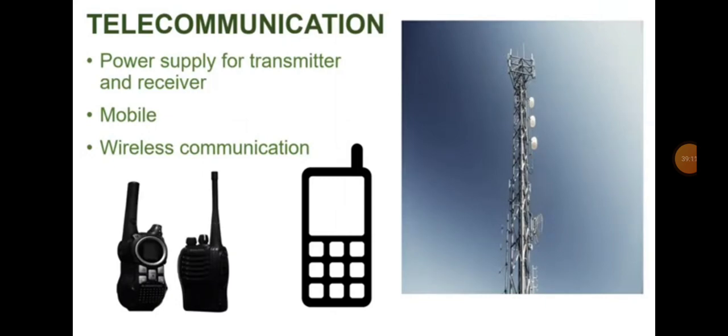In the telecommunication sector, power electronic converters are used for powering the transmitters and receivers fitted on mobile towers. Power electronic converters are also used for charging our mobiles. These converters are fitted inside the mobile chargers.